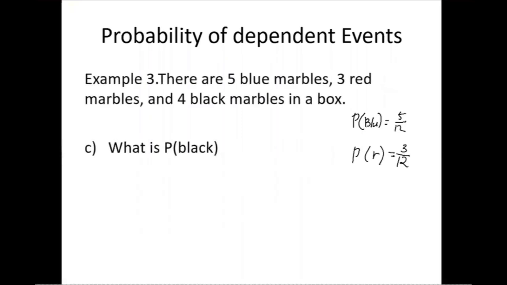Next, the probability of black. Sa probability naman natin ng black, ang black natin ay 4 out of 12 or pwedeng maging 1 out of 3. Ito naman, yung red naman ay 1 out of 4. Yan. Okay?